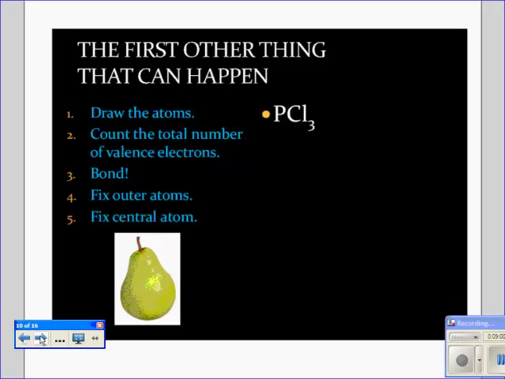Next one, PCl3, same idea, only 1 phosphorus, so it's in the middle. Cl, Cl, Cl, 3 of them. Draw the atoms is good. Count your valence electrons. Phosphorus gives me 5 plus 3 chlorines.